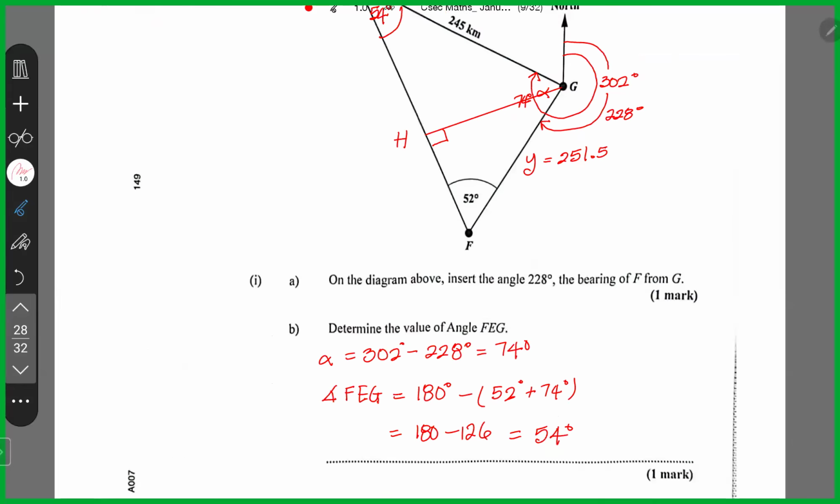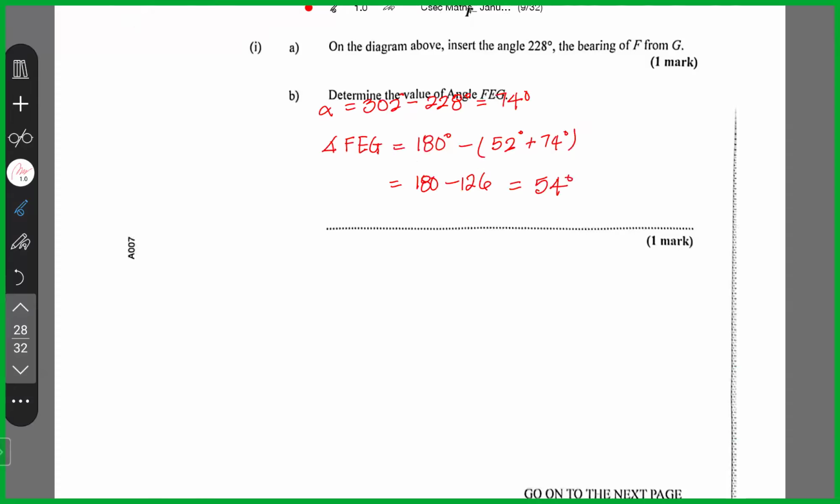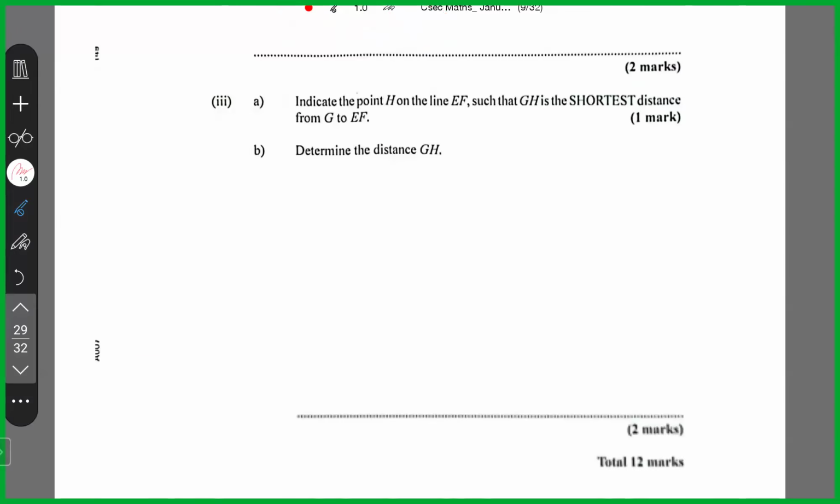All right. Now we want to find GH. Let's call it X. That's opposite to the 52 degrees, and 251.5 is the hypotenuse. The trig ratio that includes opposite and hypotenuse is sine. So I'm going to say the sine of 52 is equal to opposite X over the hypotenuse, which is 251.5.